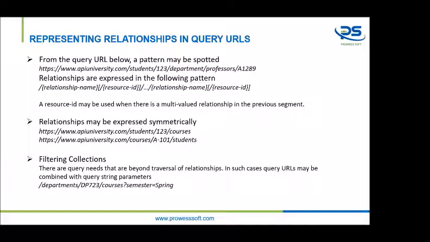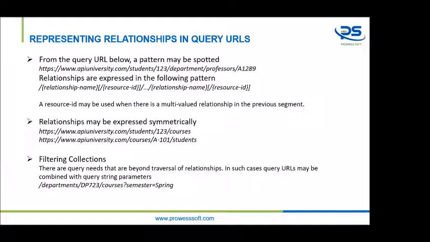Now, if you look at the second URL, I'm actually going to the courses that are offered in the university, going to a specific course again, and from that specific course, I'm going to traverse and get all the students that have enrolled in this course. So it is a many-to-many relationship, right?